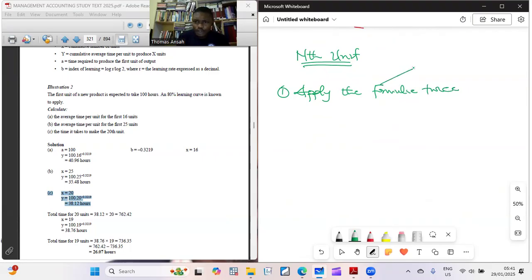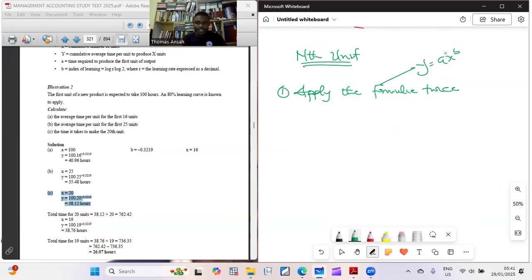Which formula are we talking about? The y is equal to a x to the power b. Apply it twice, using the number before and after.